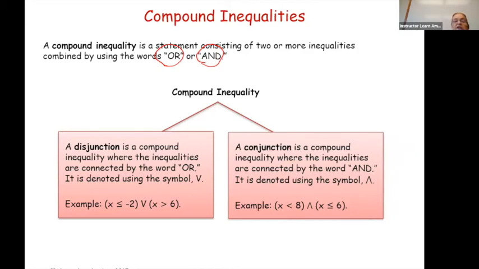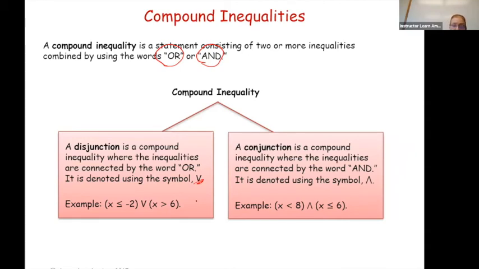So a disjunction is a compound inequality where the inequalities are connected by the word or, and you use the symbol shown here for a disjunction. So for example, we have x less than or equal to -2 or x greater than 6. Okay, what would that look like?